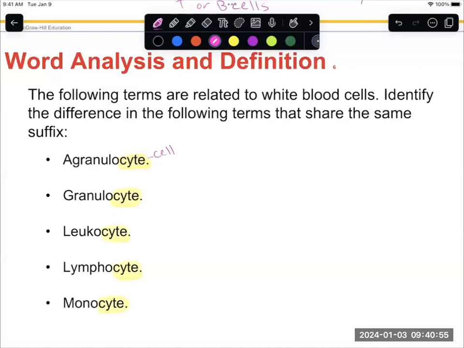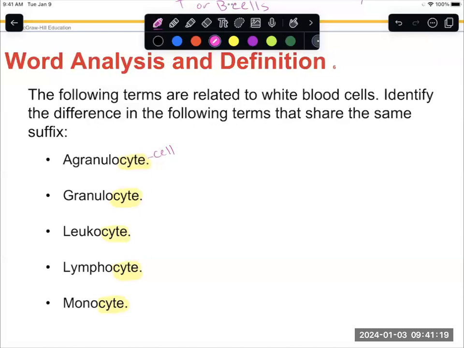So a granulocyte is a white blood cell. An agranulocyte is a cell without granules in the cytoplasm, while granulocytes contain many small granules. These cells look speckled. It's the best way to look at them. Your textbook has pictures of it.